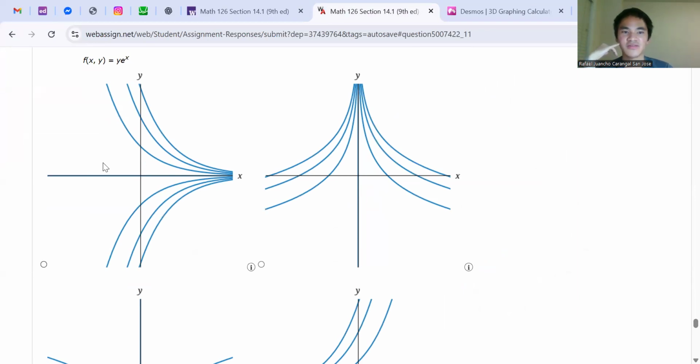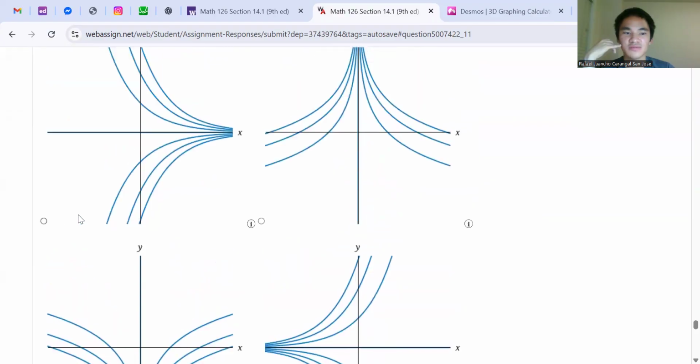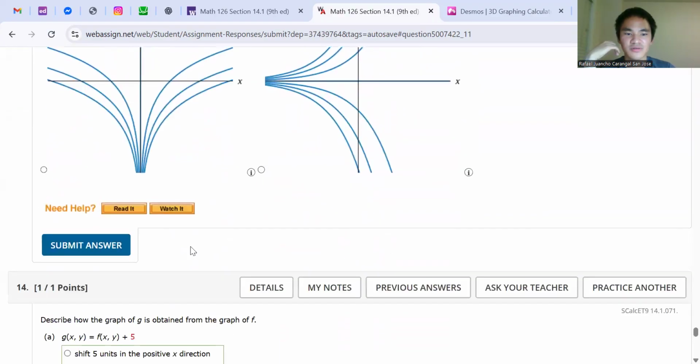Yeah, I mean here I just identify my traces. If I make z nothing, I would just get a regular e to the x. If I make it like a k, then my xy plane would be something like this. If I just divide my y, yeah, I would get 2 things. I would say it's this. We can double check though.